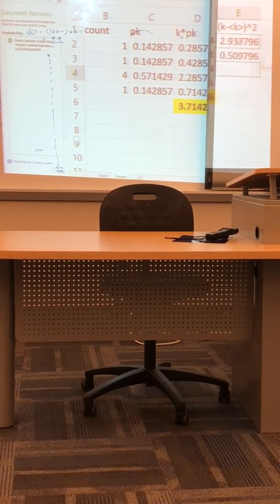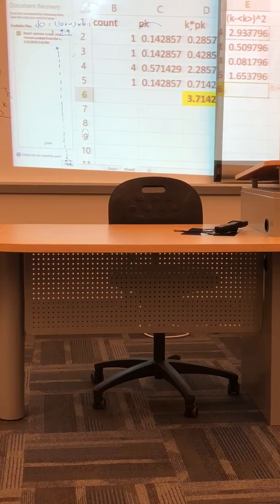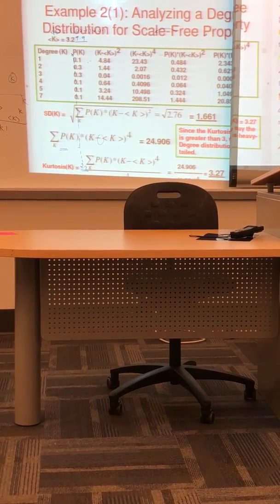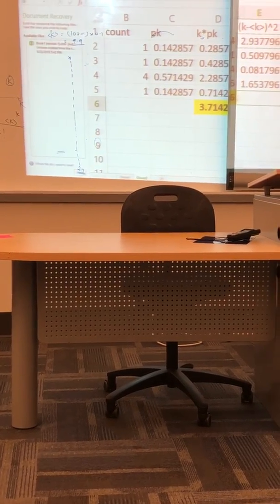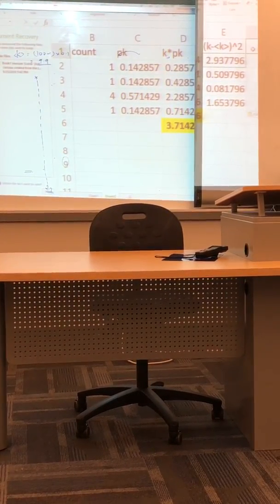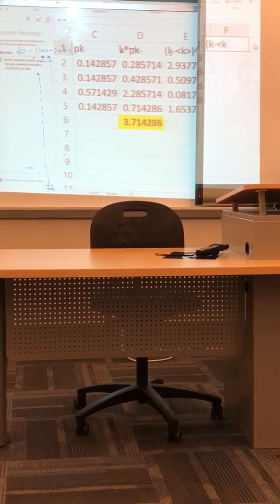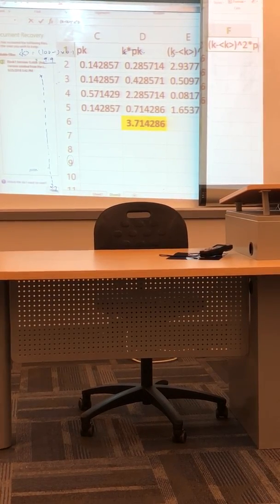Then just copy and paste this formula here. According to the formula, it is k minus average degree squared, multiplied by pk. So we have to multiply this column.